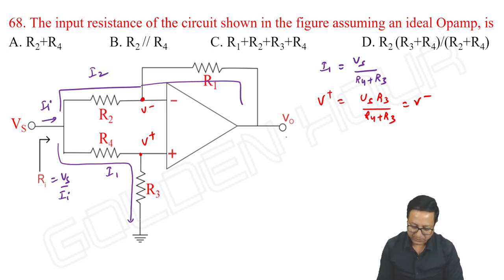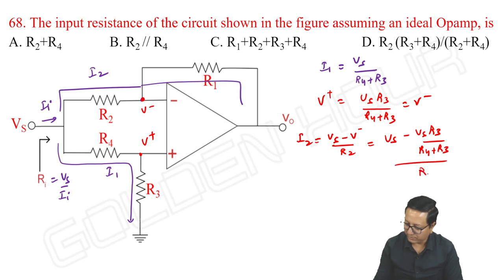Then I write I2. What is I2? I can write, I2 is equal to Vs minus V minus by R2. It is Vs minus, what is V minus? It is Vs into R3 by R4 plus R3, whole thing divided by R2. Okay, so how much do we get?